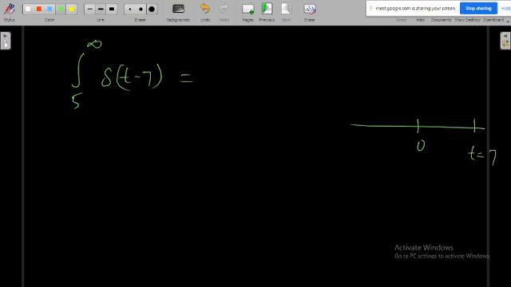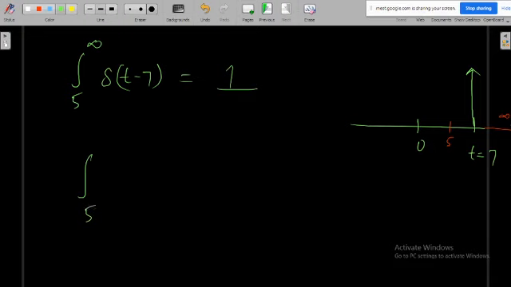That is the concept of δ(t minus 7). The impulse is present at t equal to 7, but we are doing integration from 5 to infinity. Where will that 5 be? 5 will be here. So definitely from 5 to infinity the impulse is there. That's why the answer for this one is 1.